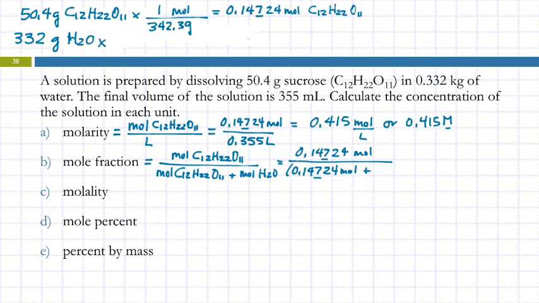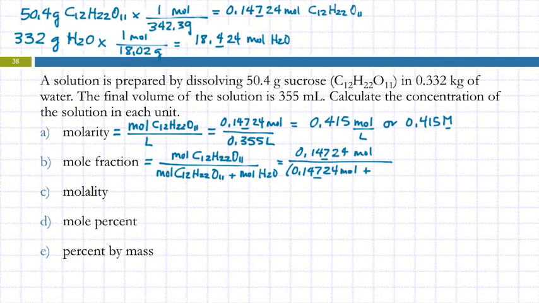And then I'm going to need the molar mass of water. So 1 mole of water to 18.02 grams. So 332 divided by 18.02 equals 18.4, and again, carry 2 extra digits, moles of water. That's a lot bigger than the moles of sugar. Is that okay? Yeah. We had a lot more grams of it, for one thing.